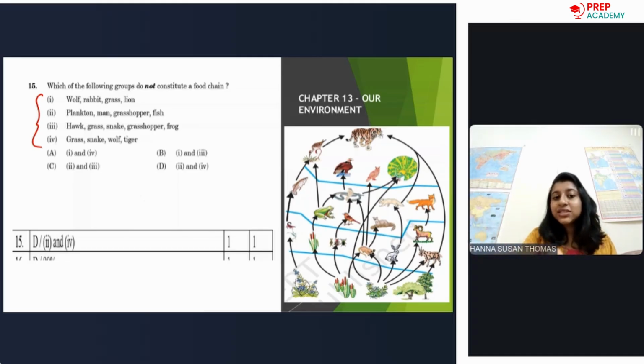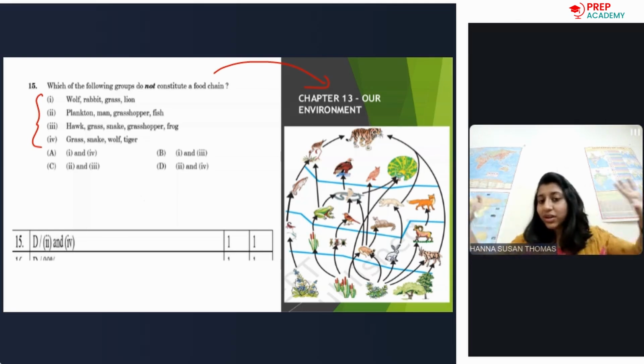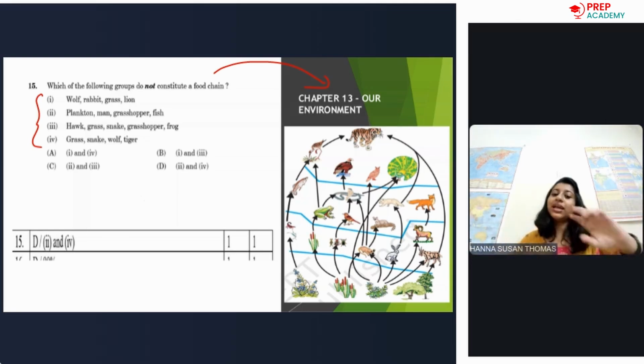As you can see, this question has been taken from chapter 13, Our Environment. And here you can see an image where you can see a network of organisms linking each other, right?